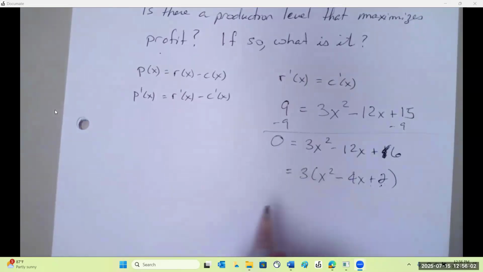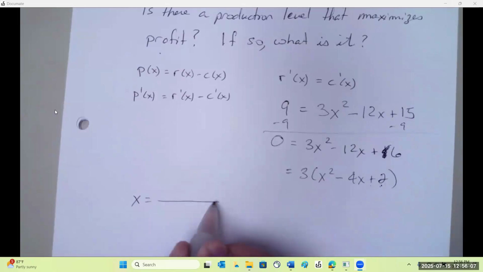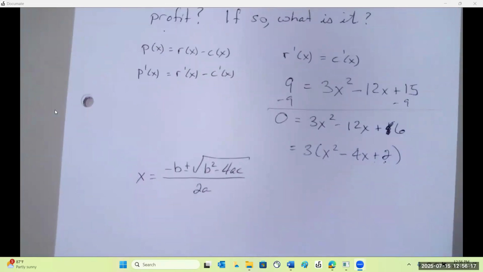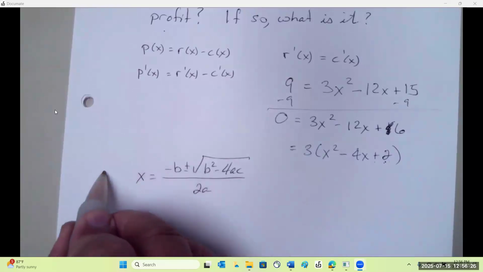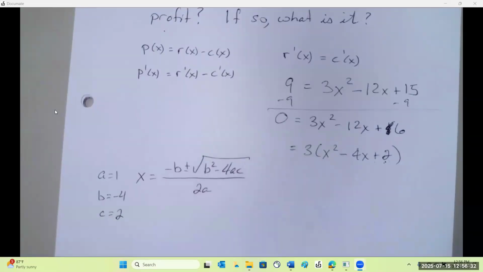So we have to use the Pythagorean theorem. I mean, the quadratic formula. Where A is 1, B is -4, C is 2.